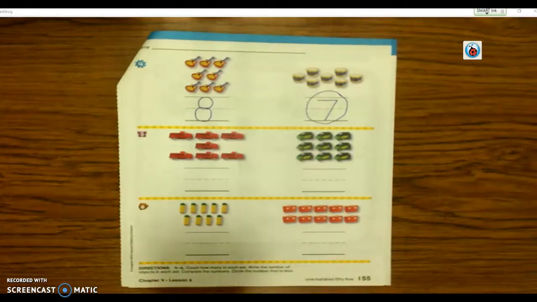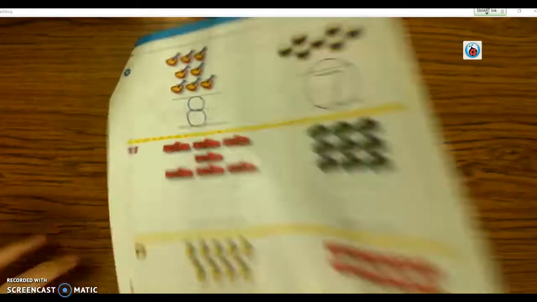Count the lunchbox and write the number. Circle the number that is less, or that is smaller. When you're finished with that page, we're going to turn to the back.